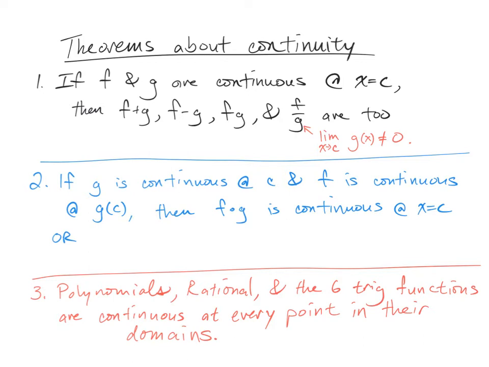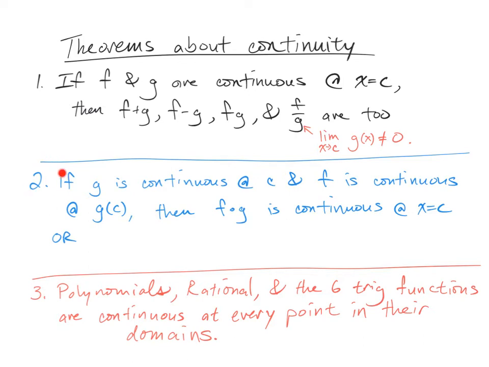Now, with this first theorem up here, if you have 2 functions that are continuous, f and g, at a single point, x equals c, then any combination of these functions, if you add them, subtract them, multiply them, or divide them, as long as the limit as x approaches c of g of x is not 0, all of these functions are continuous as well.